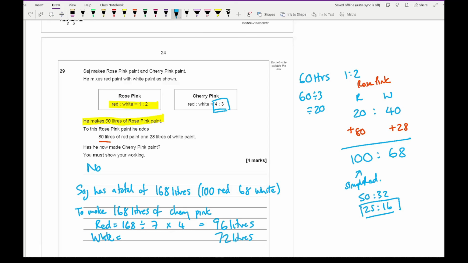So comparing this to this, he's not going to have enough red paint, but he is going to have enough of the white paint. So again, the statement says he doesn't have enough red paint. And there we go.